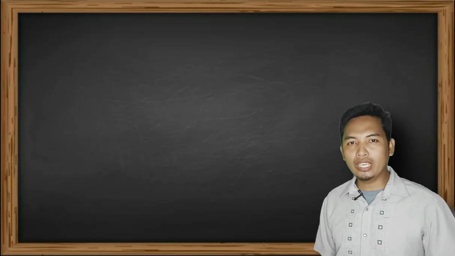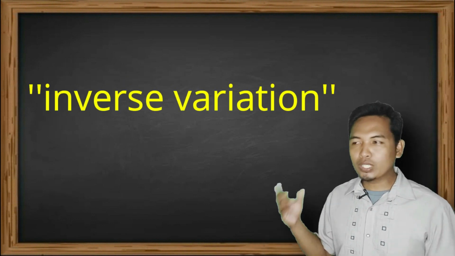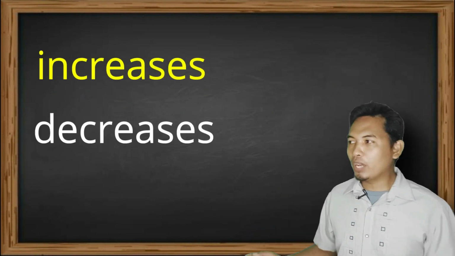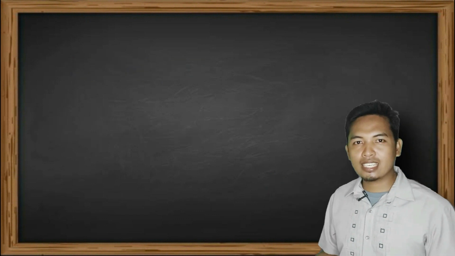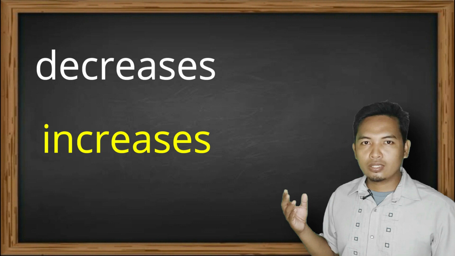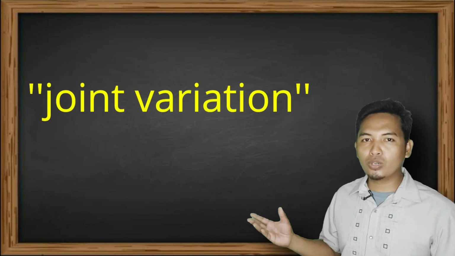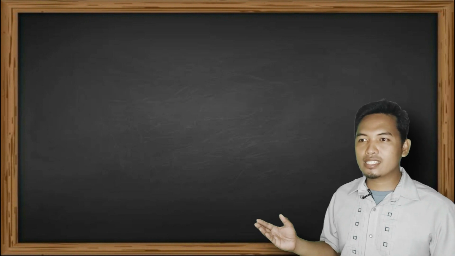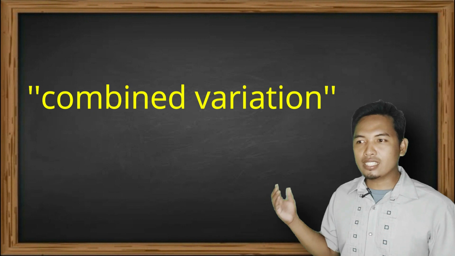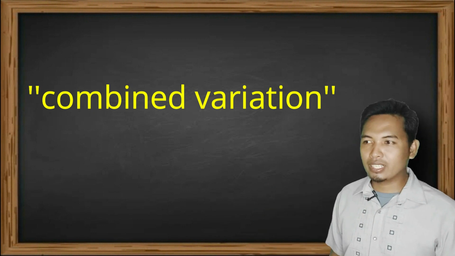When it comes to inverse variation, if one quantity increases, the other quantity decreases, and when one quantity decreases, the other quantity increases. Joint variation is a direct variation with two or more quantities. And combined variation is the combination of direct and inverse variation.